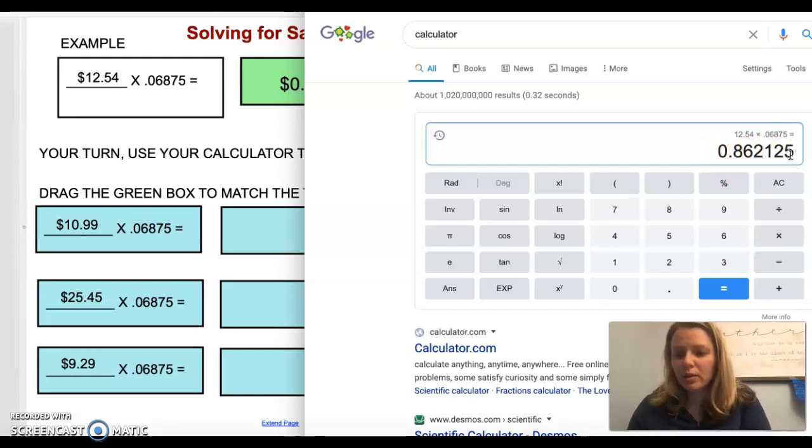Now, because we're talking about money, we're just going to look at our first two digits after the decimal place. So in this case, we're going to remove the 2125, and we're just going to look at this 0.86. So we're going to look at that as 86 cents.